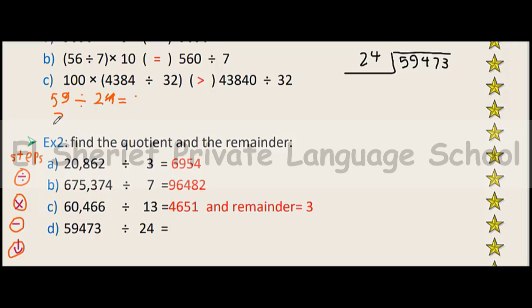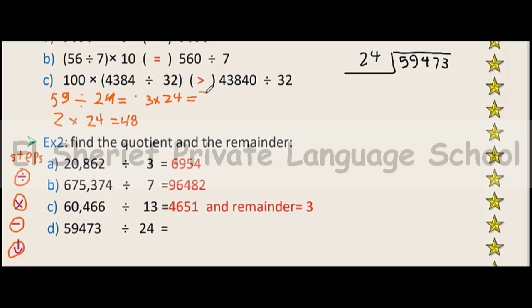So 2 times 24 equal 42? So 42 is nearest to 59, but to check your answer, we multiply 24 by 3, and the result equal 72.